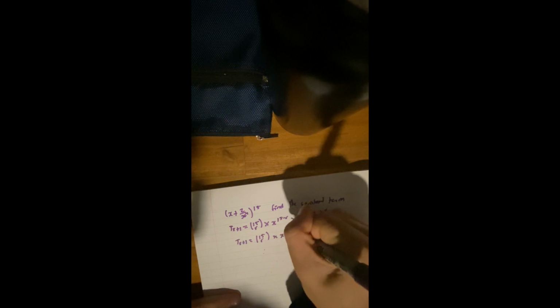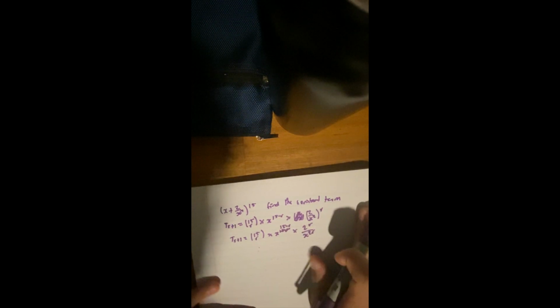Now we're going to simplify this even more. x to the 15 minus r times 2 to the r on x to the r. In the denominator, we simply multiply the 2 by the r to get x to the power of 2r. So now I'm going to simplify this even more.